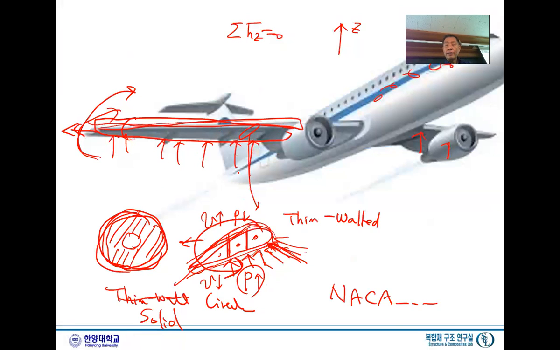And the wing cross-section has to have a certain airfoil. You know what I mean by airfoil? Airfoil is when we have some wind, air flow, and this air will travel, and the upper side we call the suction side, and the lower side we call the pressure side. On the suction side, the speed is higher than the bottom, so pressure is low there and pressure is high below. So there will be certain pressure distributions.